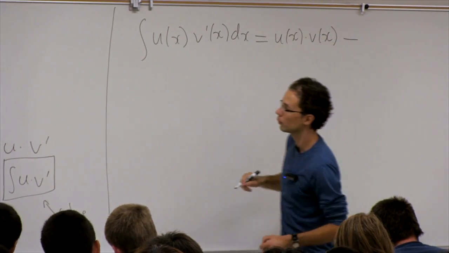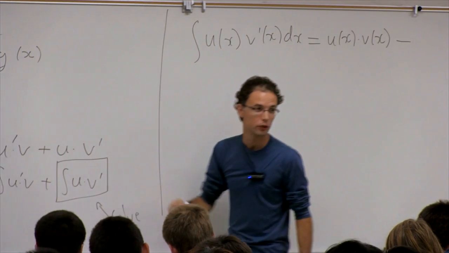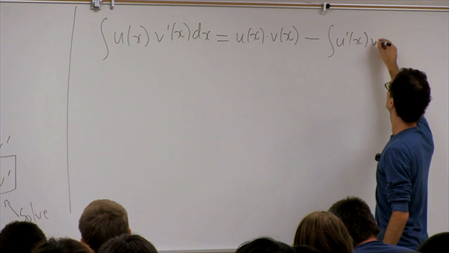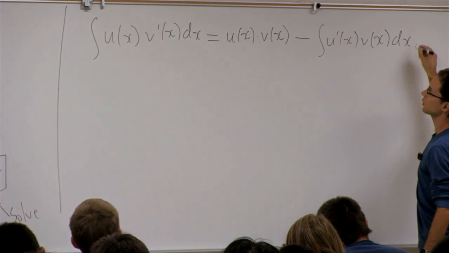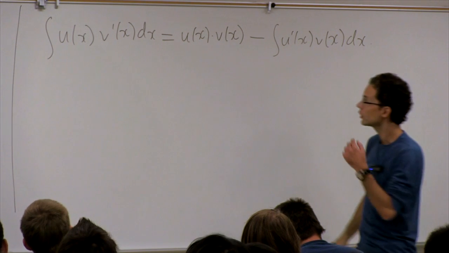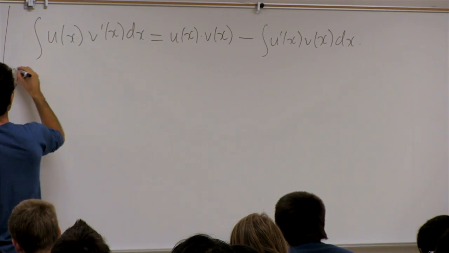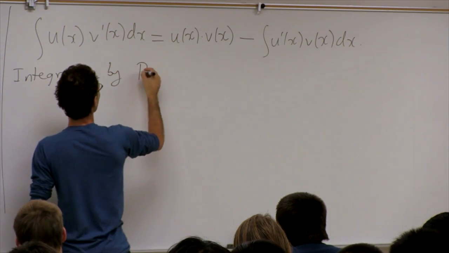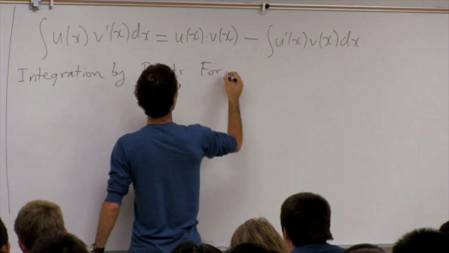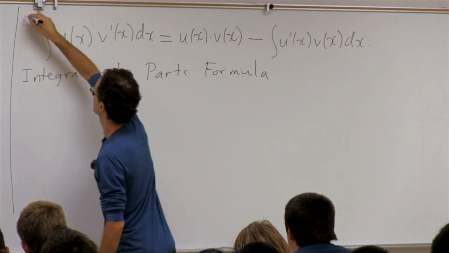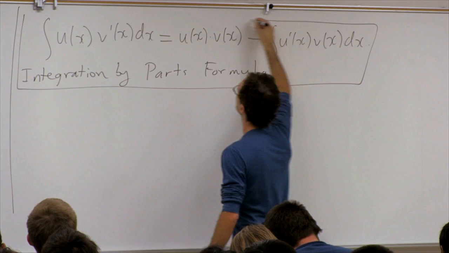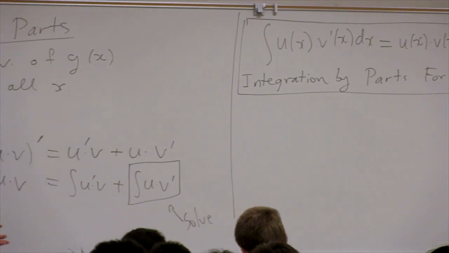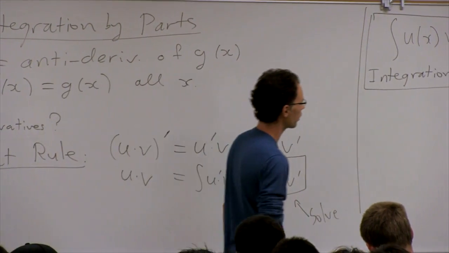And then we're going to subtract off this quantity here, the antiderivative of u prime times v. So u prime of x, v of x dx. OK, and this is known as the integration by parts formula. So it's just really you were undoing the product rule. That is the idea of integration by parts.